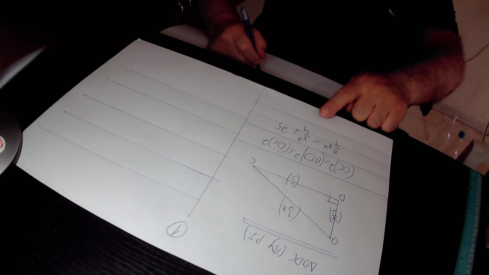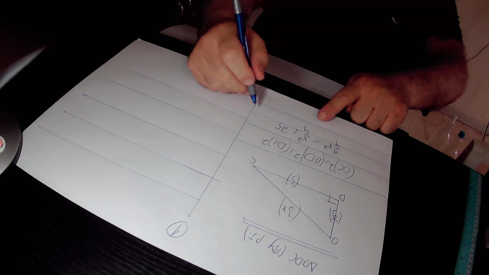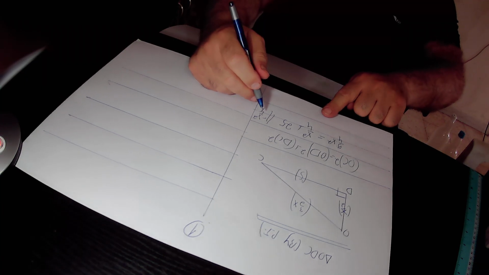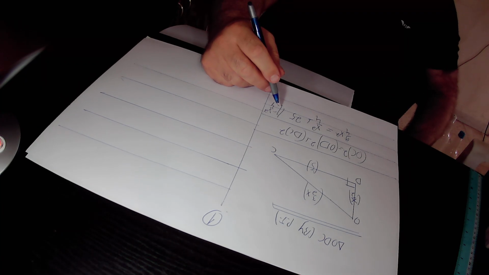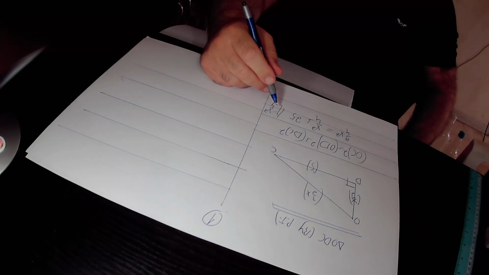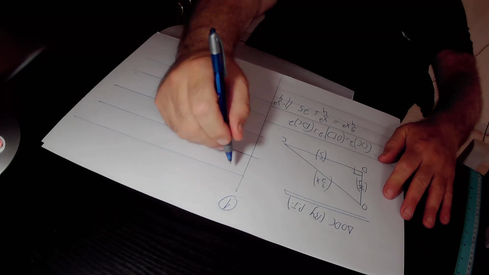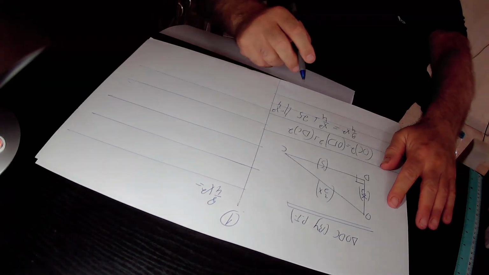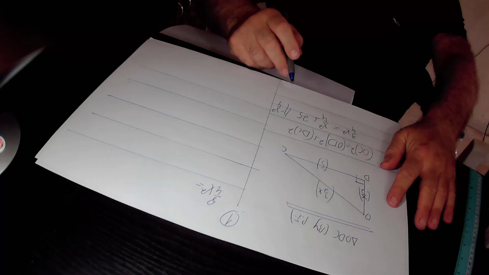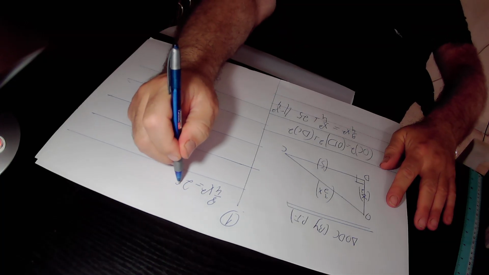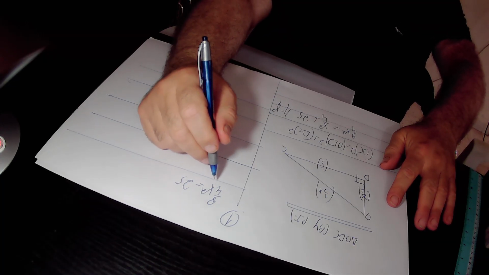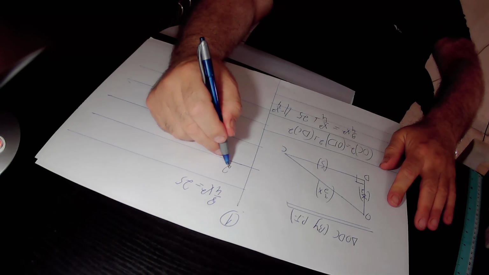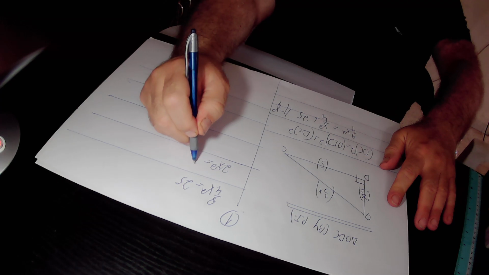Here we subtract x squared over 4 from this equation, and we get 9 quarters x squared minus 1 quarter x squared, which is 8 quarters x squared, and it equals 25. 8 over 4 is 2, so this expression equals 2x squared, and 2x squared equals 25.